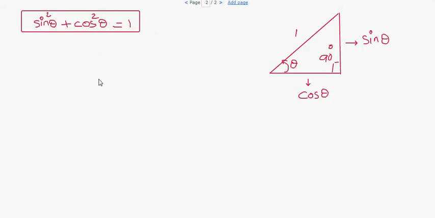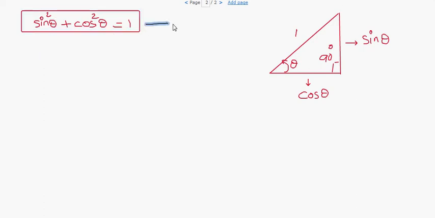Now, from the identity we just described using a right triangle with hypotenuse as 1 unit that was described in a unit circle, we can derive the other formulas in terms of other trigonometric functions or ratios.